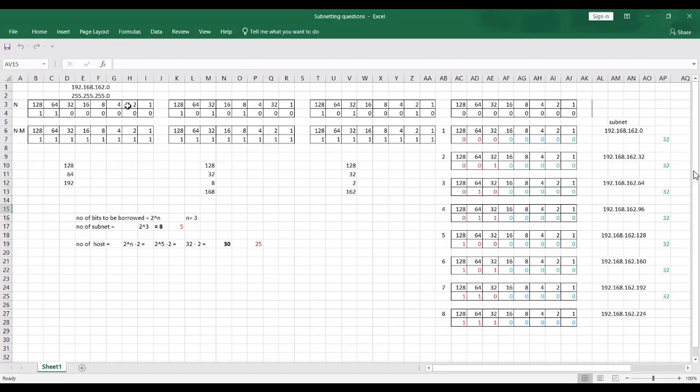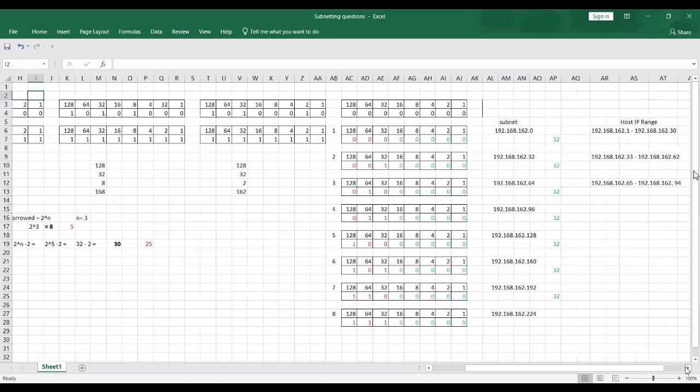The subnet mask they ask for is 224 after subnetting, right? Because we have borrowed 3 bits for subnetting, that also belongs to the net mask. So I think this is understood, right?